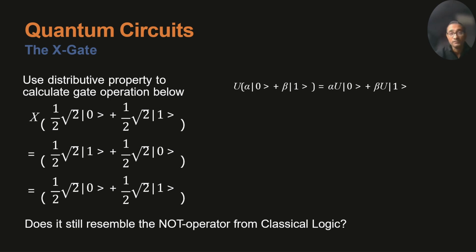Now the question you have to ask yourself is, in this case, does it really represent the NOT gate? Because mathematically, nothing has changed. The input has remained the same as the output.